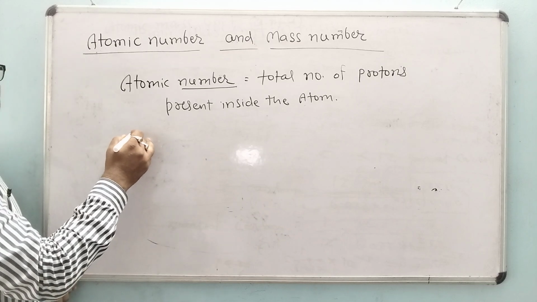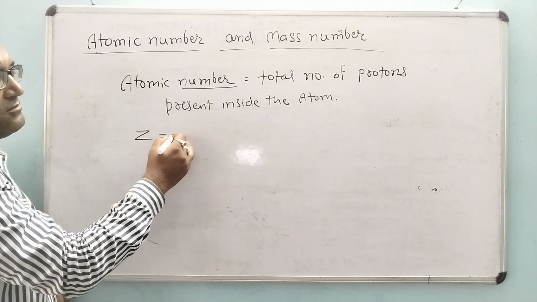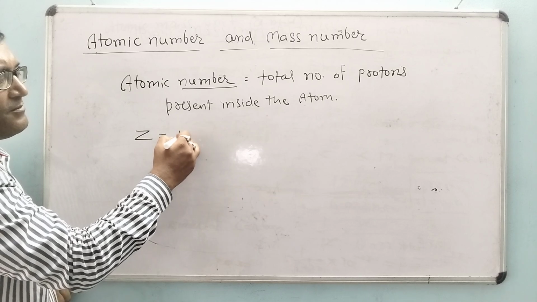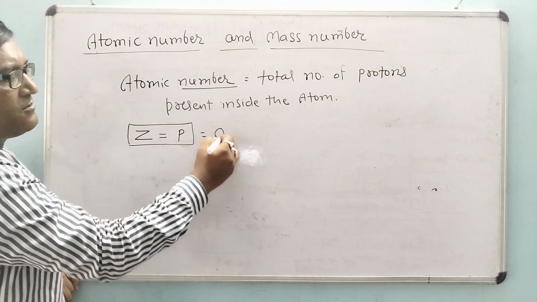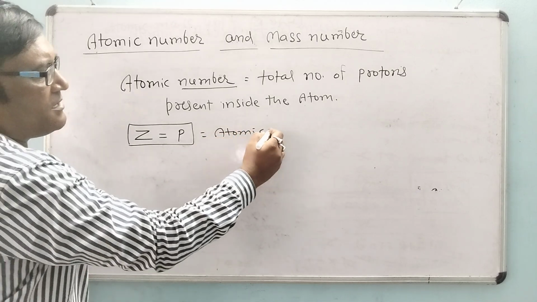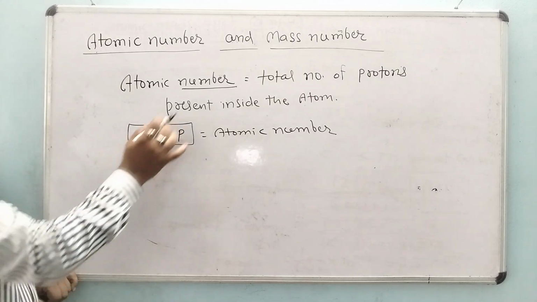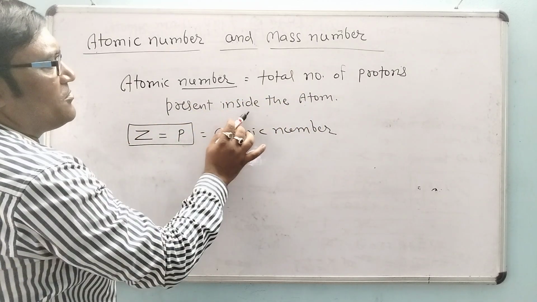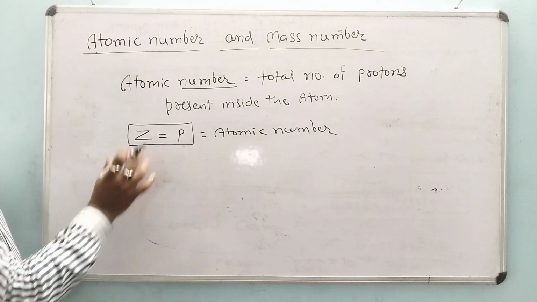Atomic number is denoted by Z, so Z is equal to the total number of protons. Finally, atomic number is the total number of protons present inside the atom, or the nucleus of the atom.